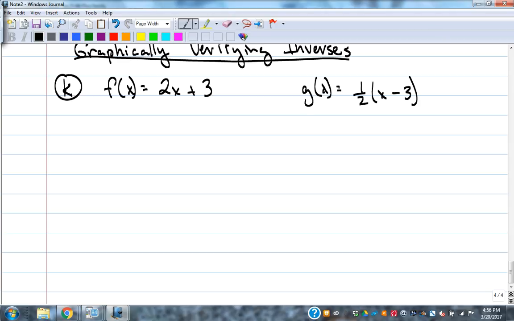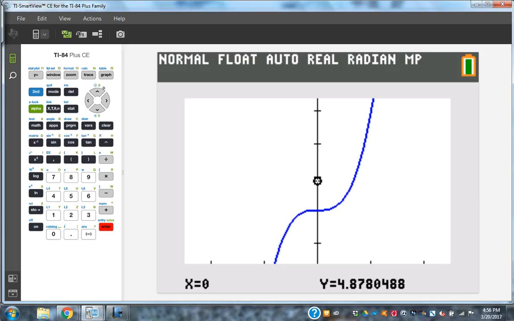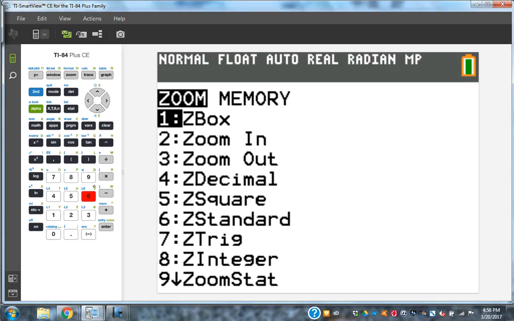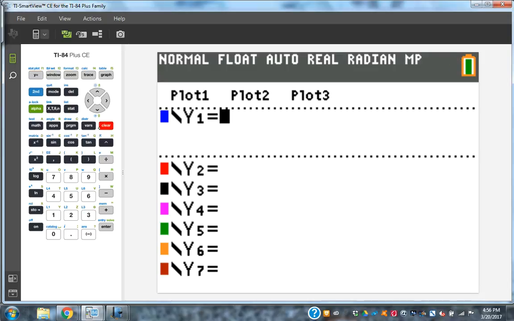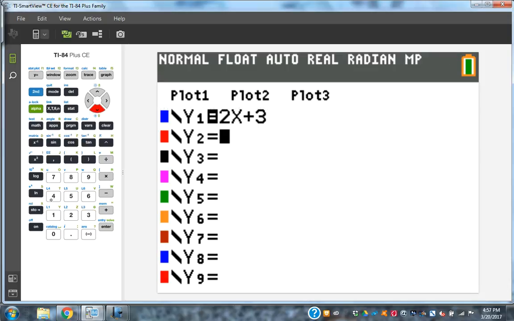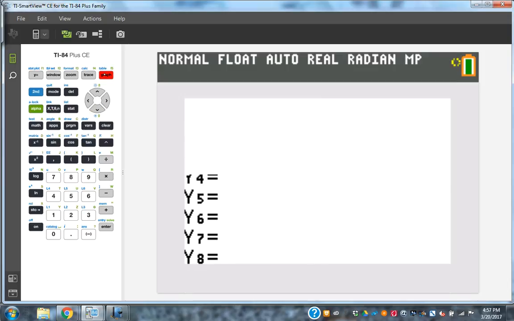If you graph both of them with the graphing calculator, I'm going to hit zoom 6 to go back to the standard window, and then I'm going to graph these two equations and one other equation with it. So we've got 2x plus 3 and then 1/2 x minus 3. And then I'm going to graph y equals x.